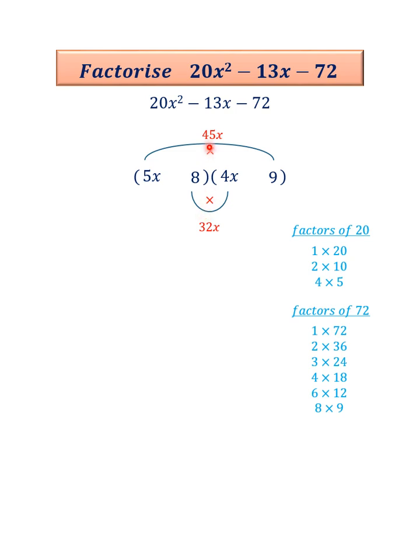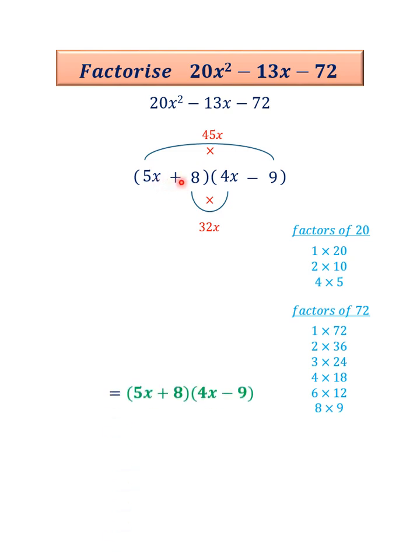What it means is that this needs to be minus 45x and this needs to be plus 32x for us to obtain negative 13x. For this to be negative 45x, it means the sign here would be negative. So that 5x times minus 9 gives us minus 45x. Similarly, if this is going to be positive, it means the sign here should be positive.